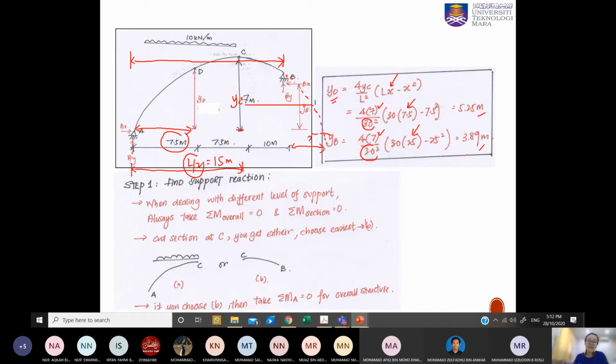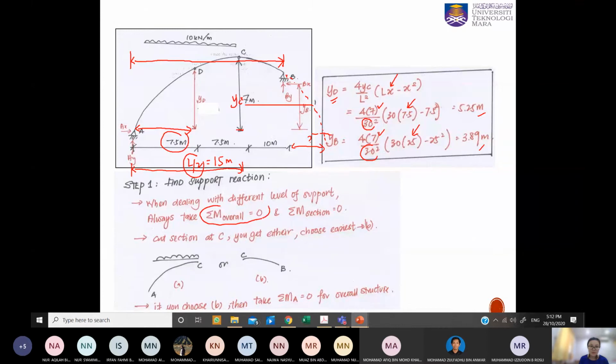Similarly, from the circular examples, we can determine the support reactions by considering the whole structure and also considering the cut section where you cut at the hinge. Here I list down the procedure.